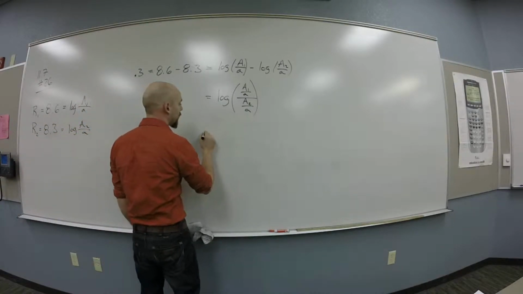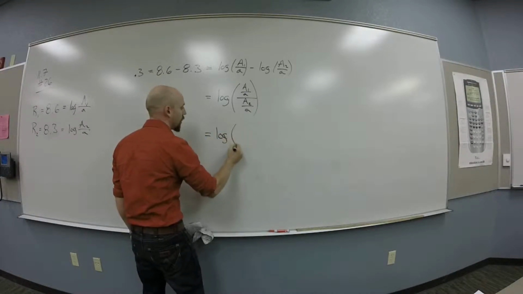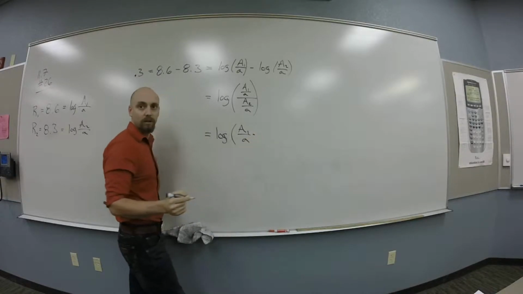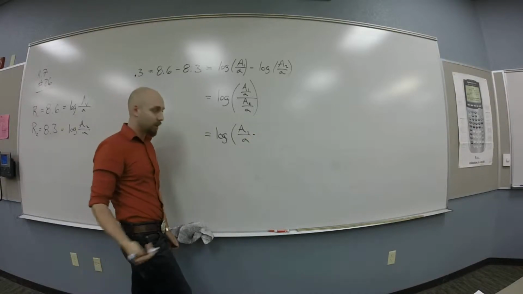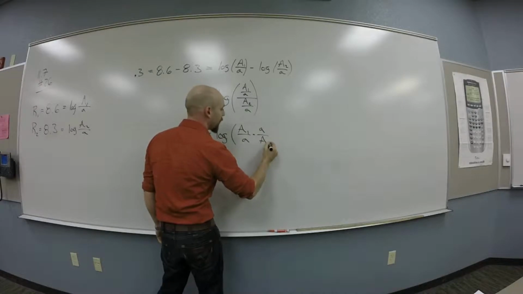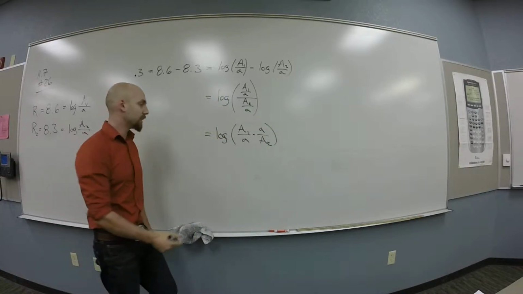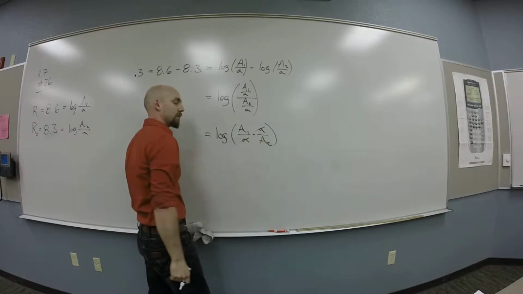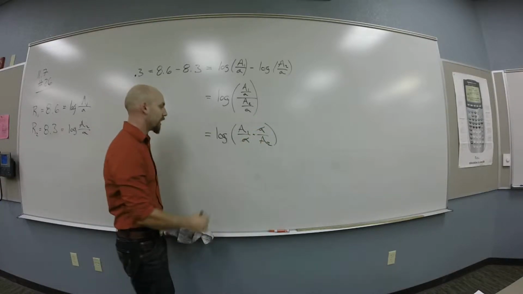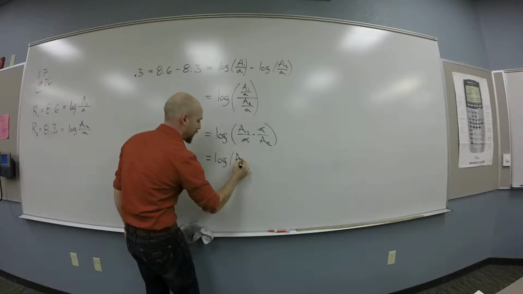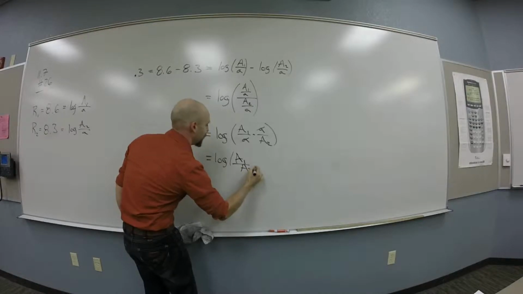So this whole thing I could re-express as the log of A1 over A times A over A2. And then I might notice something. What happens? Oh, the A's cancel. The little A's cancel, right? The reference cancels out. So I get log of A1 over A2.